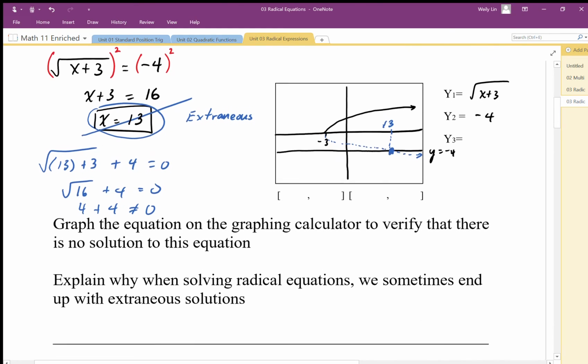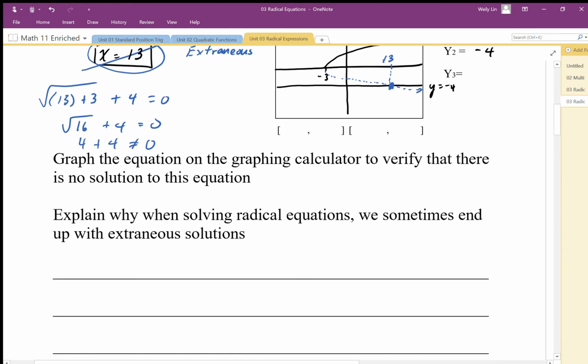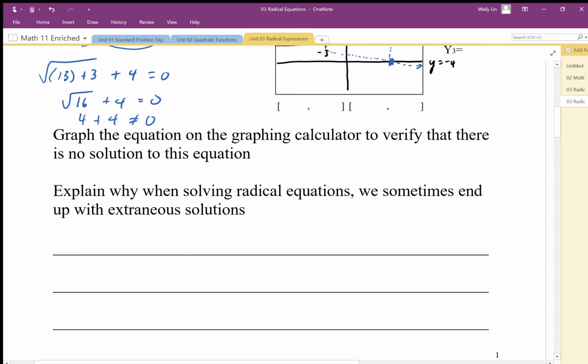Okay, so explain why, when solving radical equations, we sometimes end up with extraneous solutions. Well, when we undo the square root with a power of 2, x squared, we introduce the bottom half of the parabola.